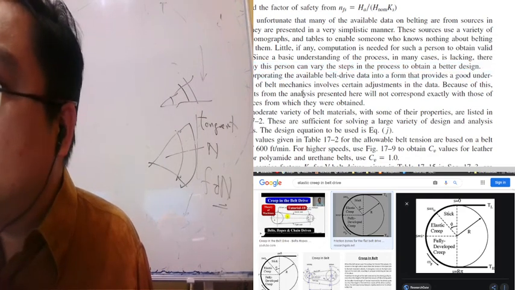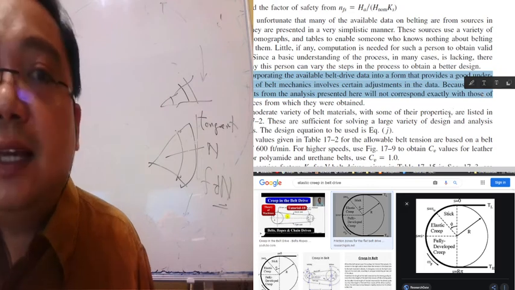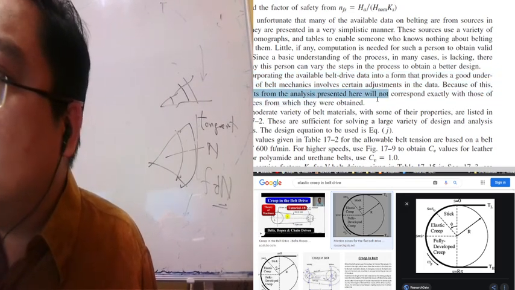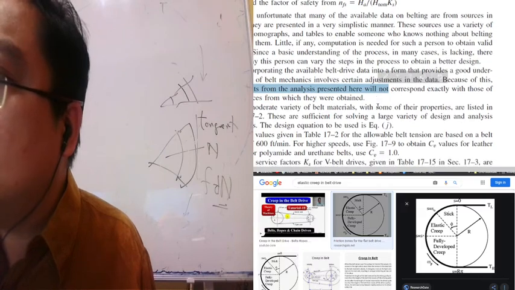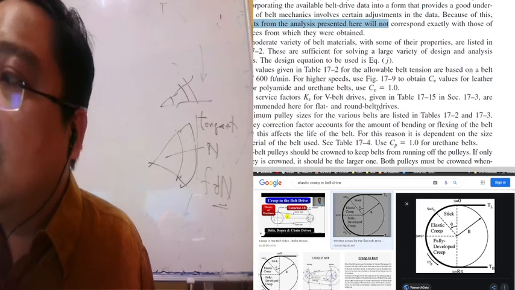Incorporating the available belt drive data into a form that provides a good understanding of belt mechanics involves certain adjustments in data. Because of this, the results of analysis presented here will not correspond exactly with those from the sources they are obtained from. So this is among the problems.